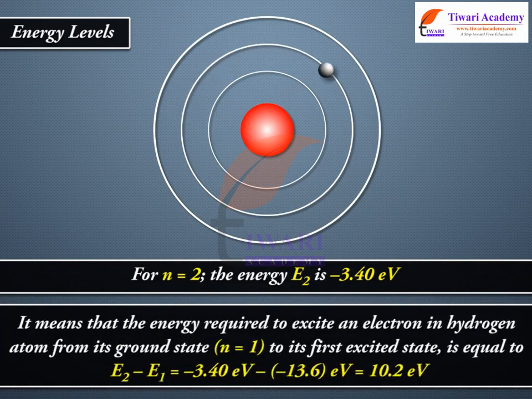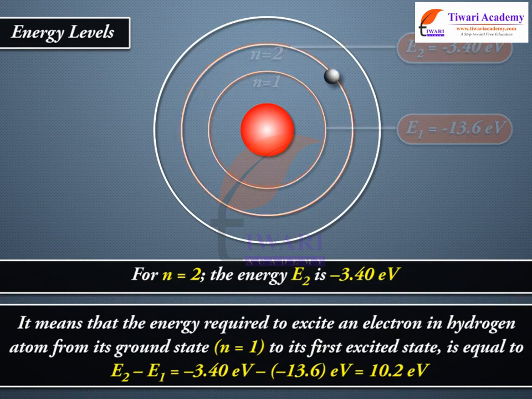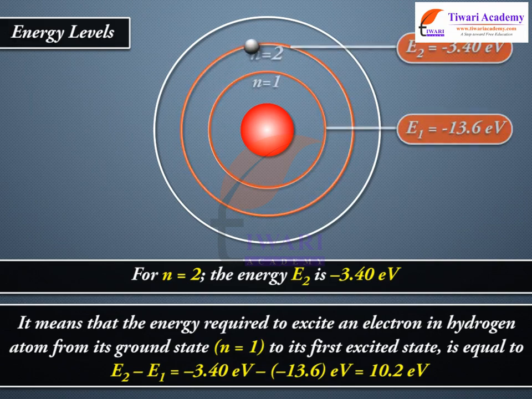It means that the energy required to excite an electron in a hydrogen atom from its ground state, n is equal to 1, to its first excited state is equal to E2 minus E1, is equal to minus 3.40 eV minus minus 13.6 eV, is equal to 10.2 eV.